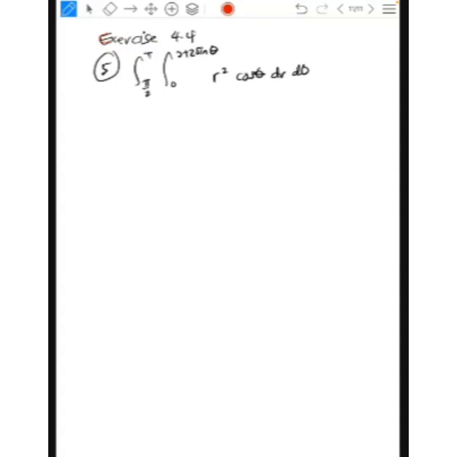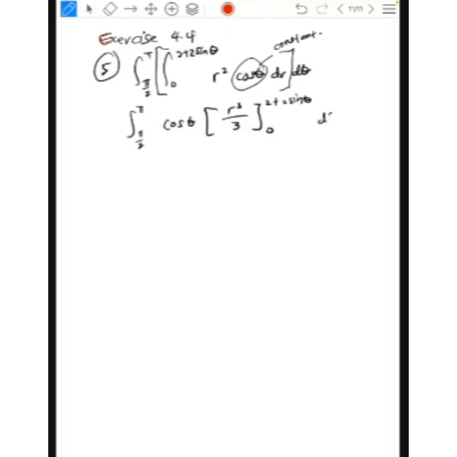Okay, so we are going to solve for dr first. So solving for dr makes our cos theta become a constant. So dr dia akan jadi cos theta ni saya buat keluar. Saya nak solvekan r squared saja. It will be r to the power of 3 over 3 from 0 until 2 plus 2 sine theta d theta.